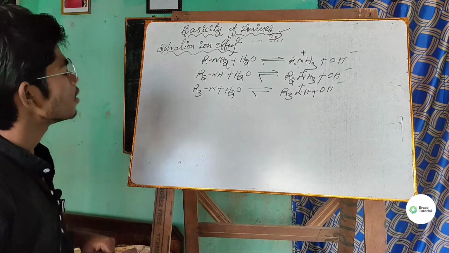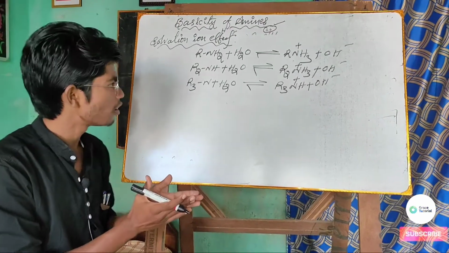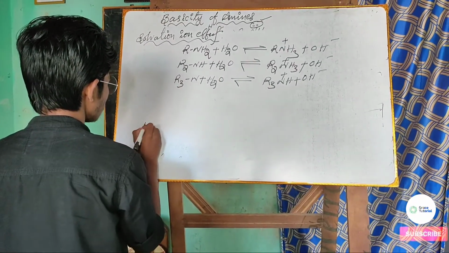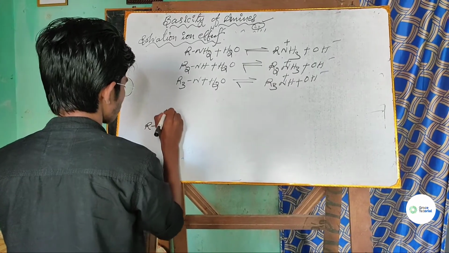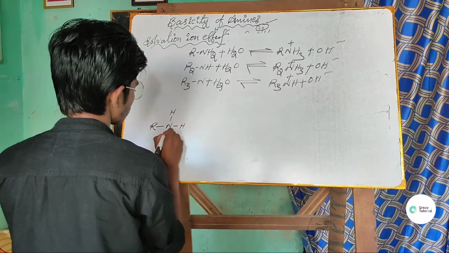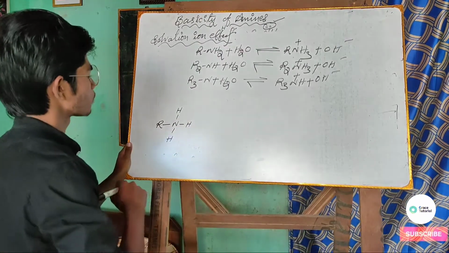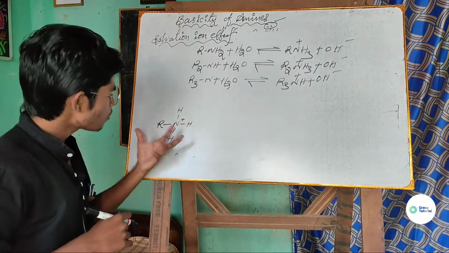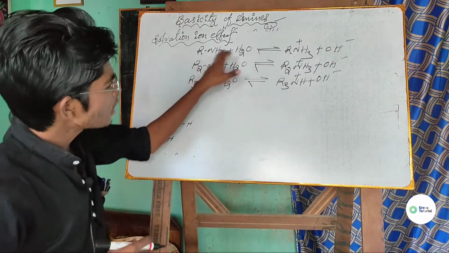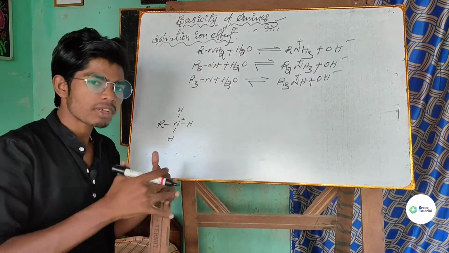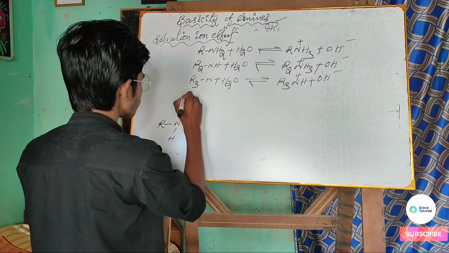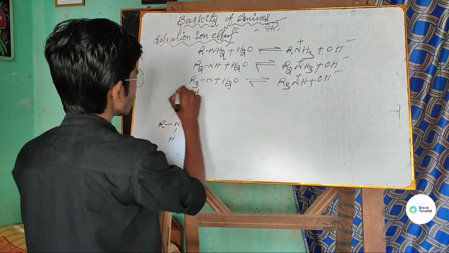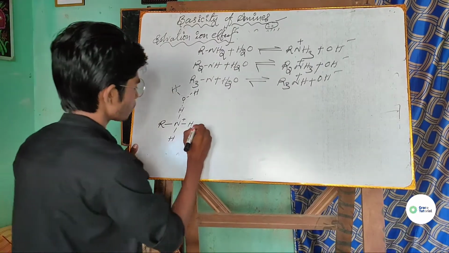But what we need to understand here, when that amine dissolves in the water, then let me write one here. So RNH3 plus, and when this primary amine dissolves in water, then it reacts with the water molecule and forms the hydrogen bonding.